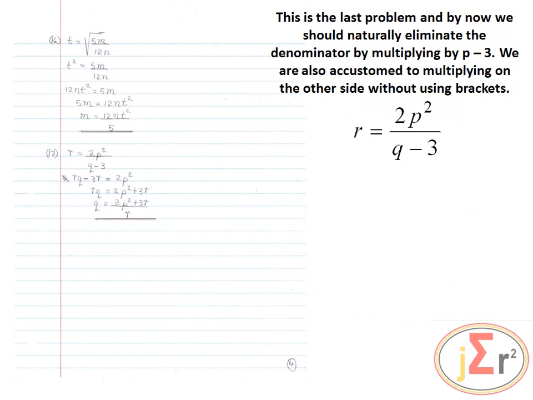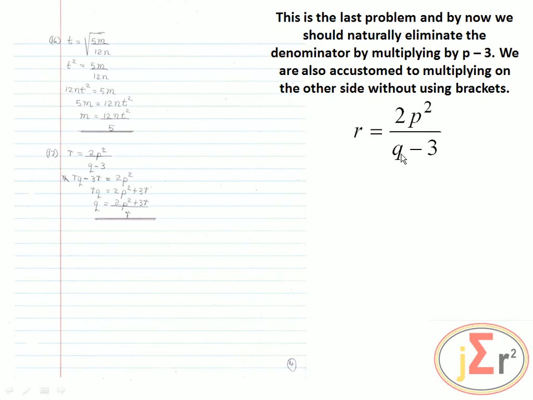This is the last problem, and by now we should naturally eliminate the denominator by multiplying by q minus 3. We are also accustomed to multiplying on the other side without using brackets. So we understand that we need to multiply by q minus 3 in order to eliminate this denominator of q minus 3. Right.